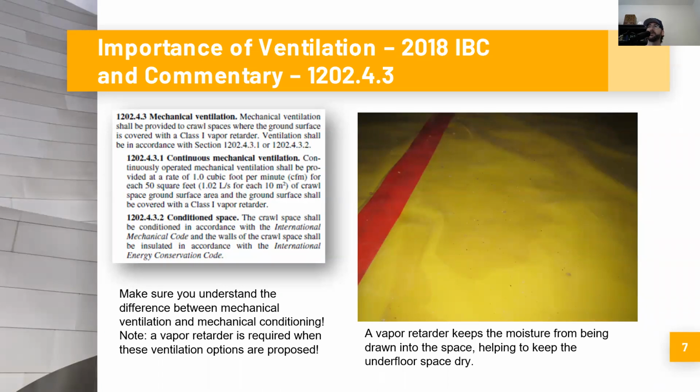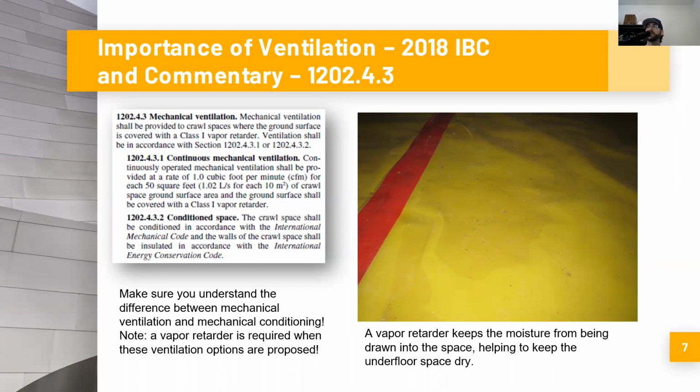We're going to cover both of those in these two subsections, but the main mechanical ventilation section reads that mechanical ventilation shall be provided to crawl spaces where the ground surface is covered with a class 1 vapor retarder. Ventilation shall be in accordance with subsection 1202.4.3.1 or .2.